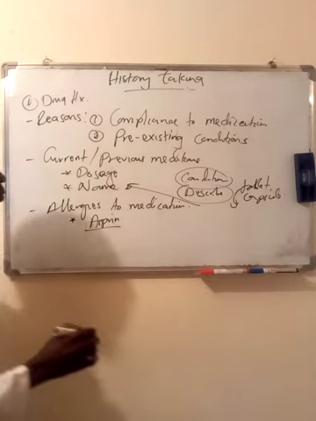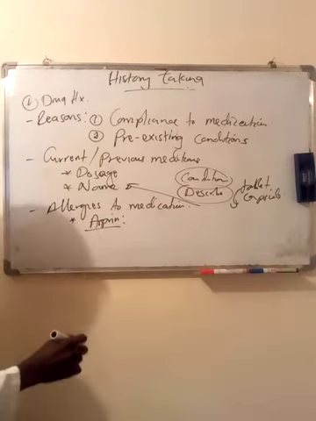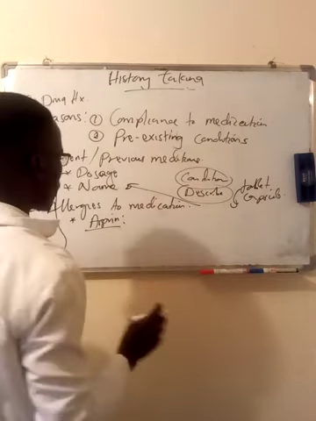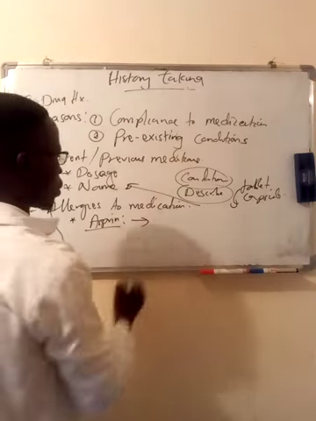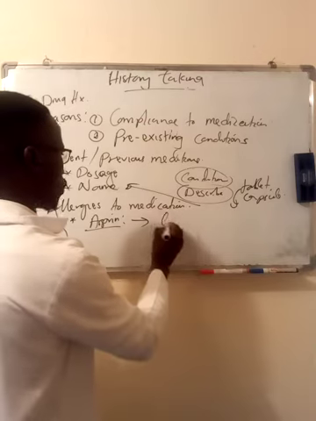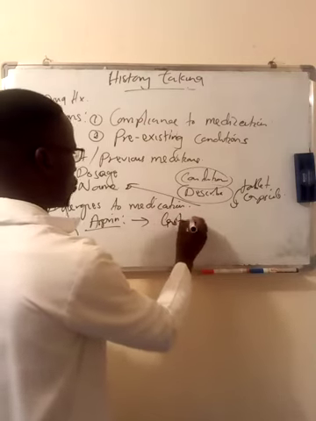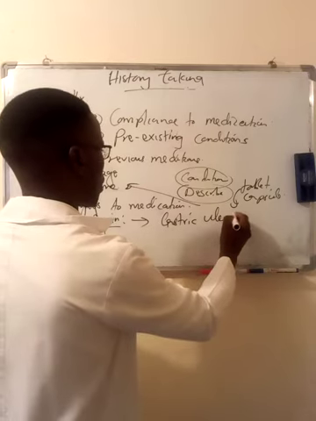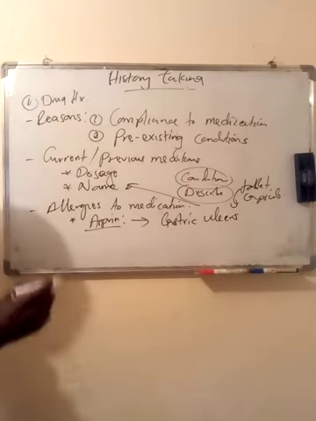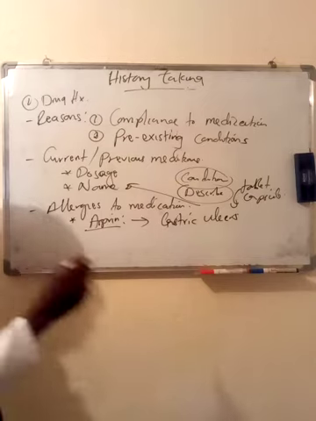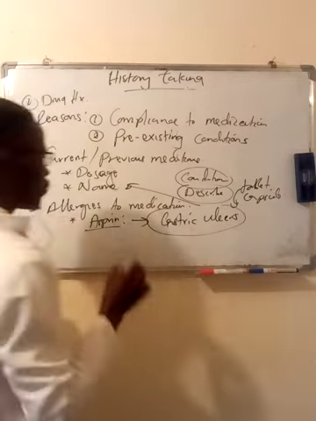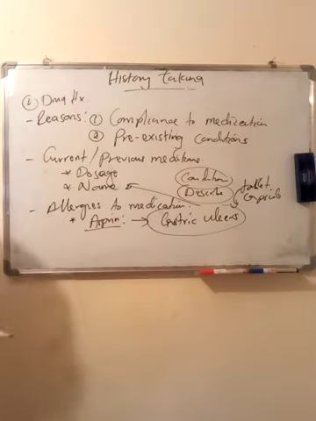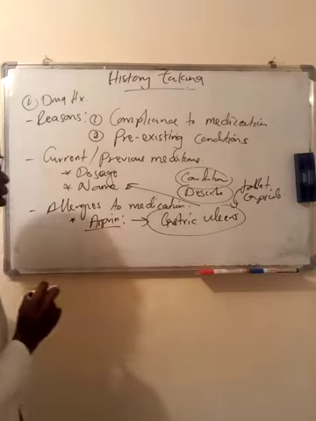Most patients develop gastric ulcers after they take it. So you don't want to give aspirin to a patient who already has gastric ulcers, because you're going to cause more damage to the patient.